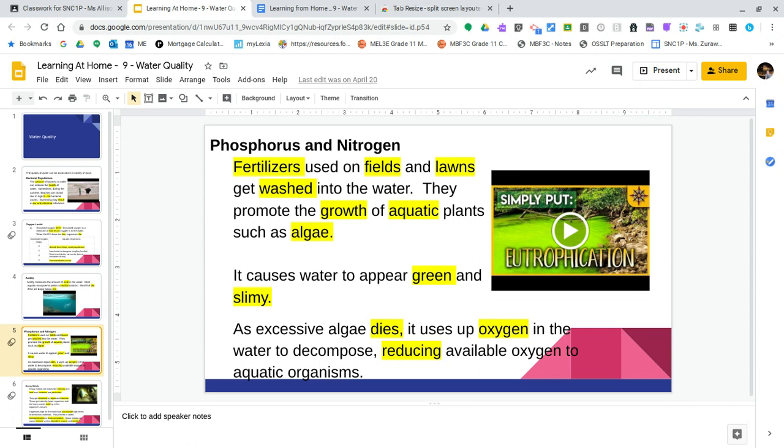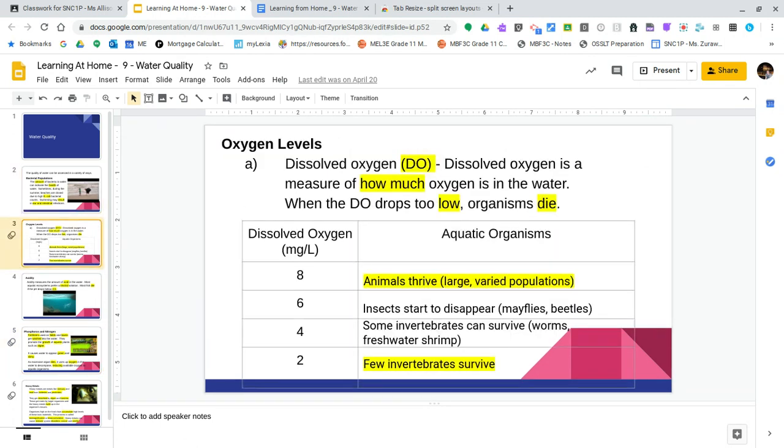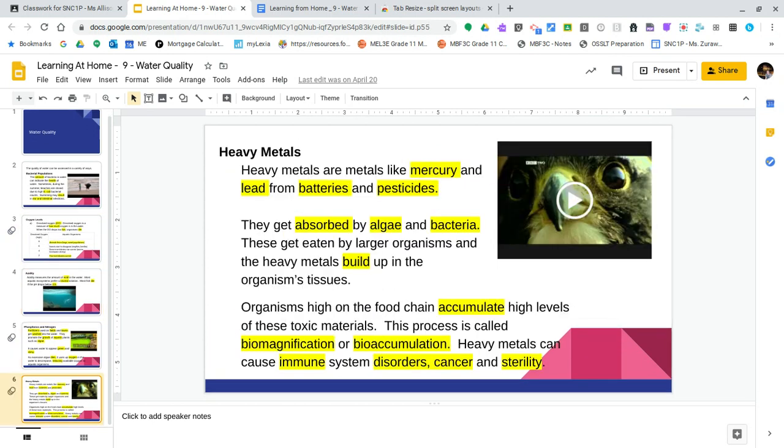As excessive algae dies, it uses up the oxygen in the water to decompose, and then it reduces the available oxygen to aquatic organisms. So if you have high levels of phosphorus and nitrogen, then it's going to create excessive algae, and then as that dies off, it's going to start to use up the oxygen that's in the water. And if you think back to here, what happens when the oxygen levels decrease? It's going to be a problem for the living things there.